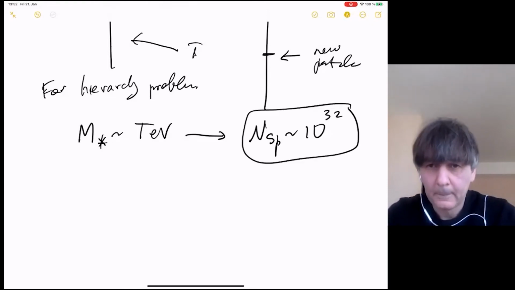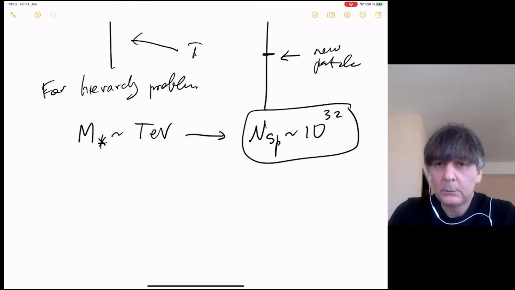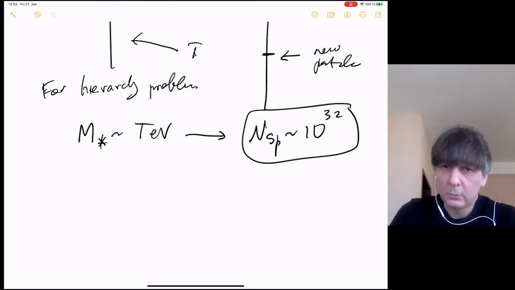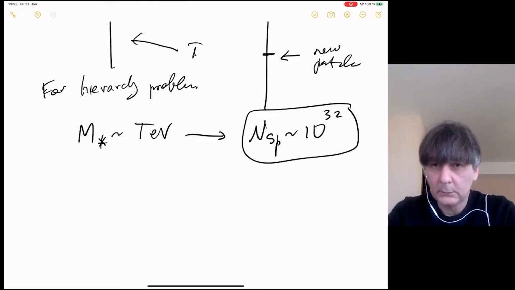By the way, this is also an upper bound on the number of species that we can have in our theory. So this is very interesting.